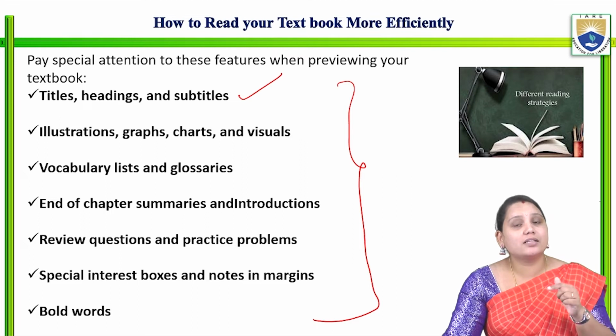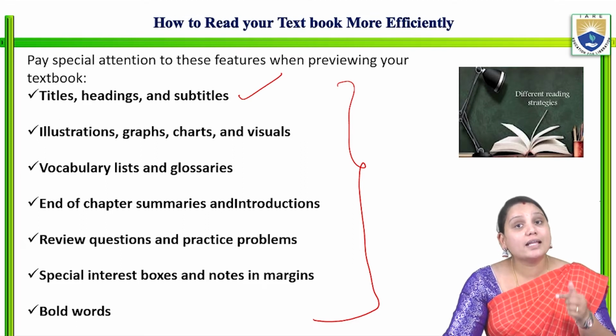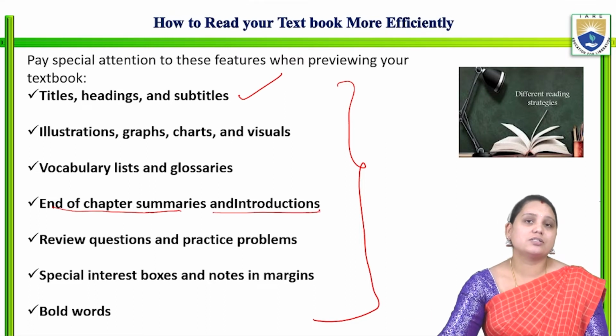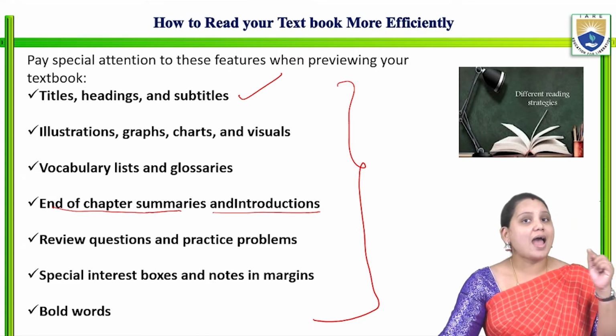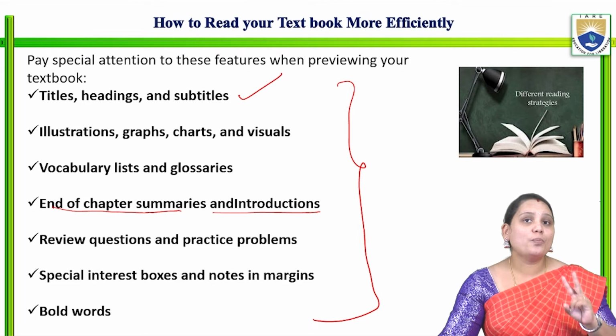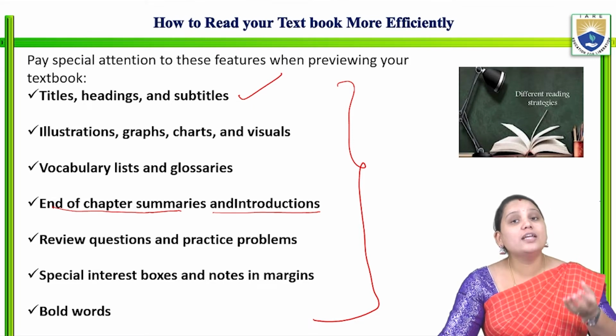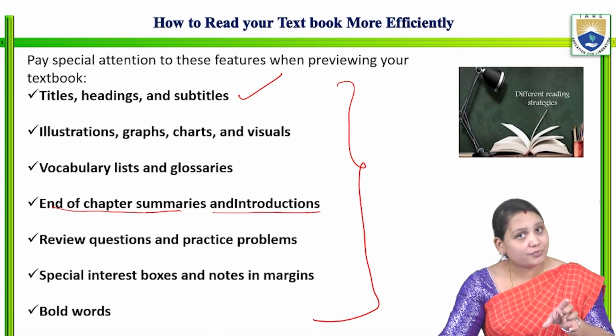All these things will be helpful to you in previewing your textbooks efficiently. Next, end of the chapter summaries and introductions. Introductions and summaries, these two provide the main idea of what you are going to read in that particular chapter or in that particular textbook.